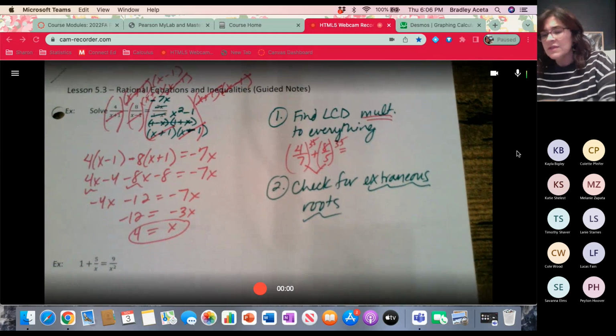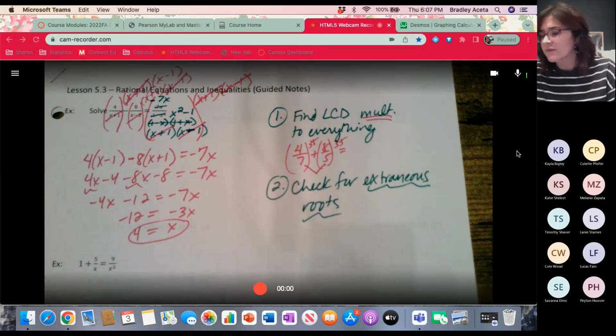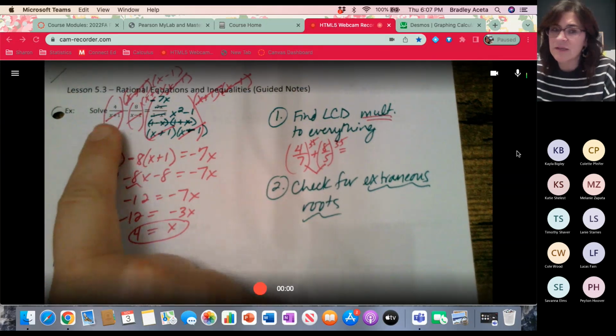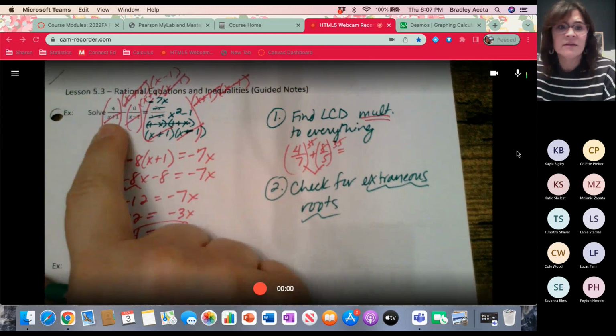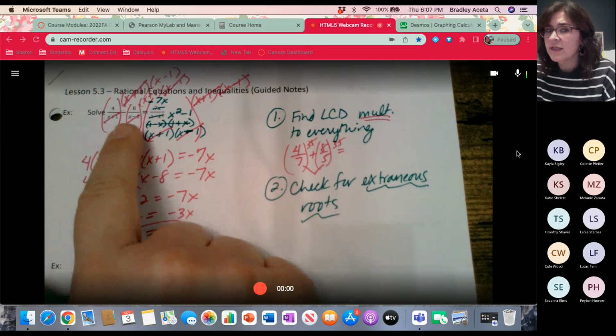An extraneous root is an extra root that occurs when you solve it, and it solves out nicely. You get like x equals 5 or whatever, x equals 4 in this case. Sometimes you get 2 answers, which you'll see in a minute. But you have to double check that that extraneous root works back in the original, meaning if you plug that into the bottom, really, you just have to check the bottom. Will it give you a 0?